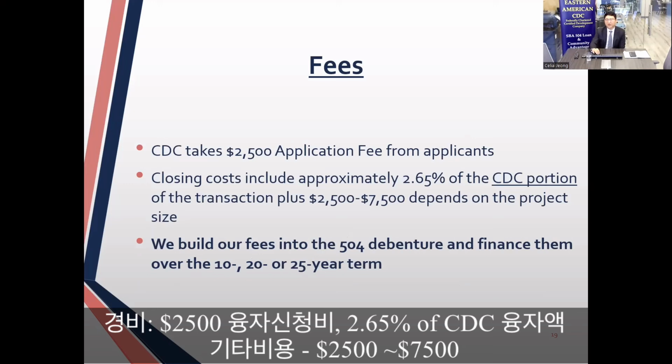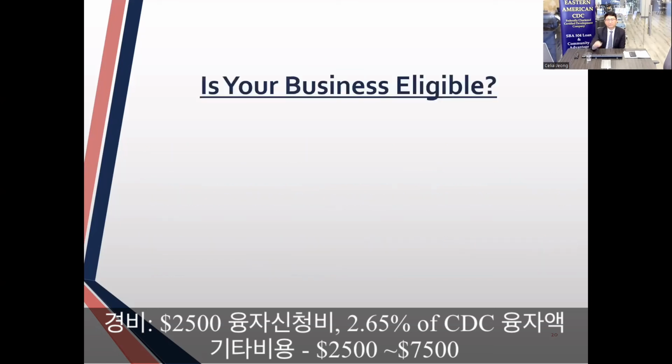This is the SBA guarantee fee. In an SBA 7(a) loan, it is much bigger than that. So we are giving you the best support for small business owners. There's a fee, but we build our fee into the SBA debenture and finance it over 25 years. So you don't have an out-of-pocket cost.